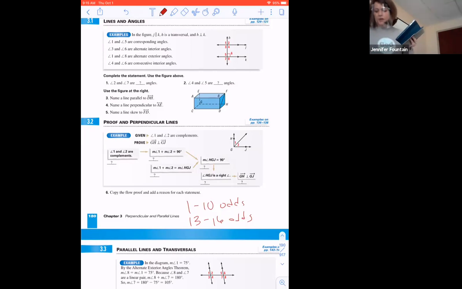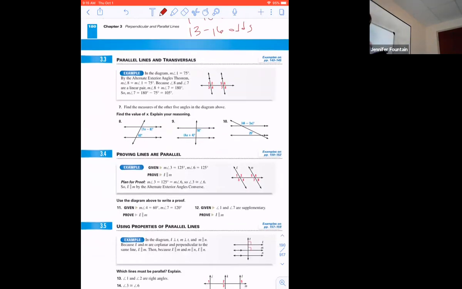So 1 through 10 odds, then we're going to pick back up with number 13 through 16 odds. Then we're going to turn the page to page 182, and we're going to do 17 through 23 odds. I'm going to go over all of them in just a minute.